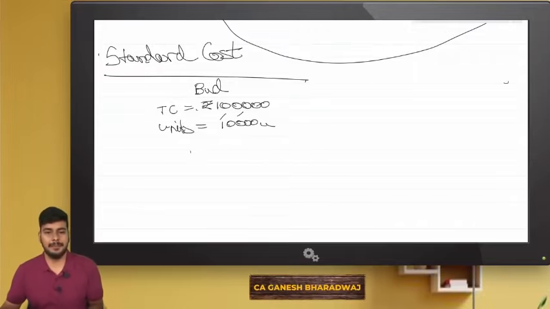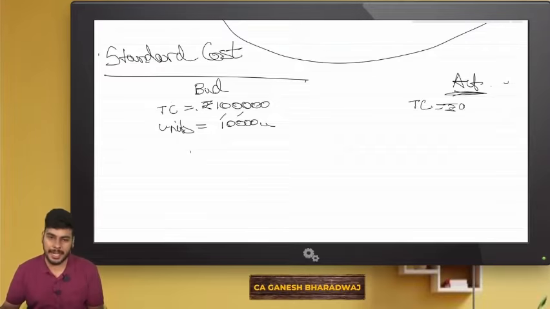And now let's say the actual cost is rupees 96,000, and the actual units is equal to 8,000 units.